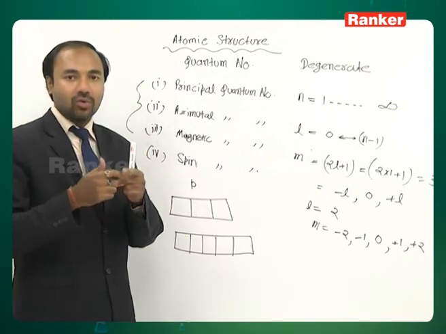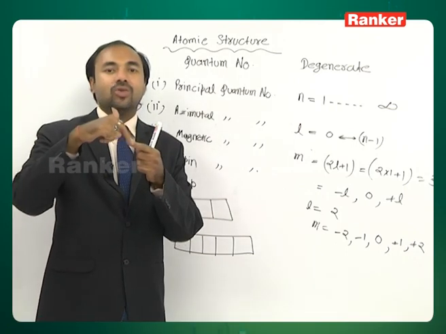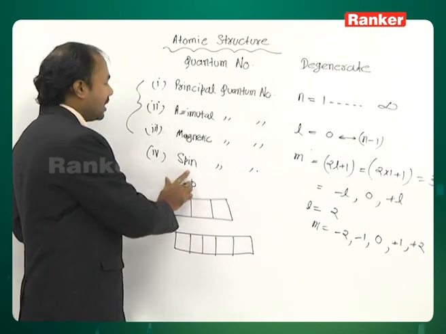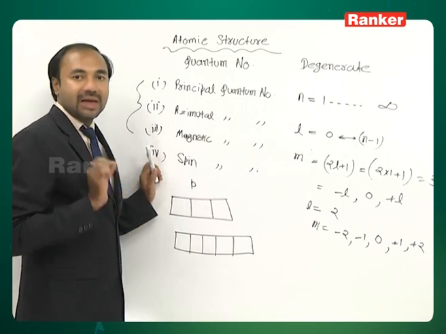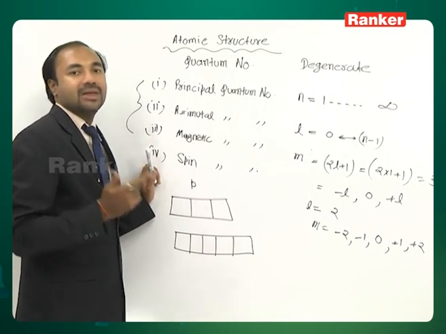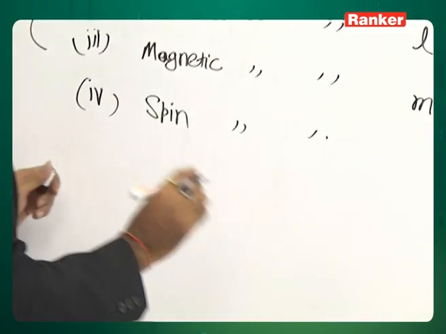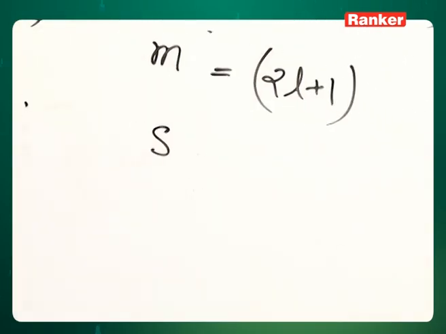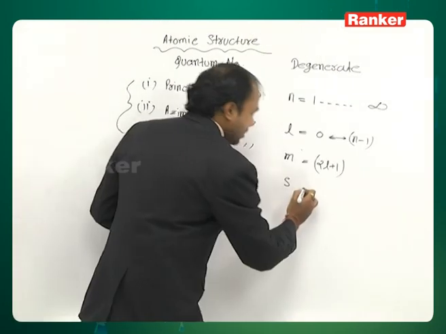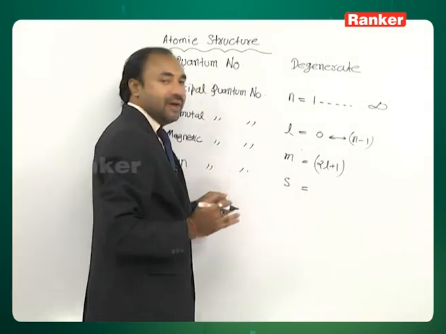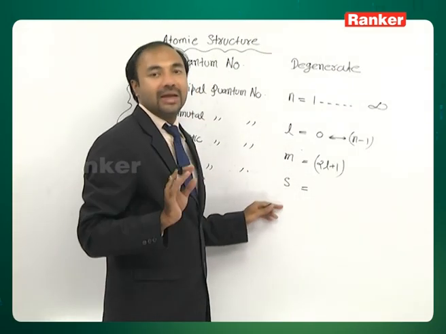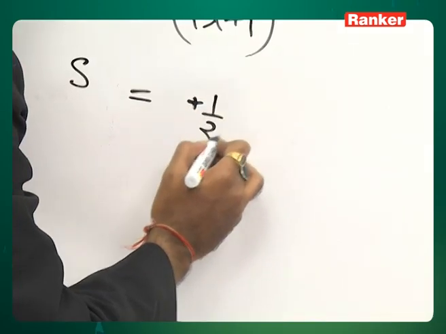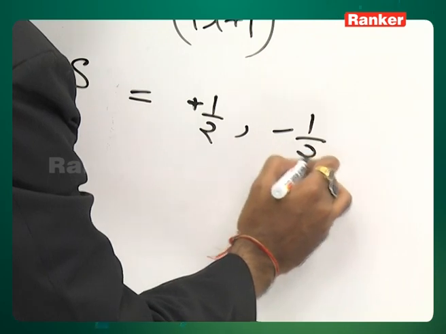If one electron goes clockwise, the other electron will go anti-clockwise. Now, for the spin quantum number, for these 2 electrons, the values are given as plus half and minus half. It is denoted by small s, like this. Only 2 values will be there, because in one orbital we can have only a maximum of 2 electrons. So for one of them it is plus half, for the other one it is minus half.